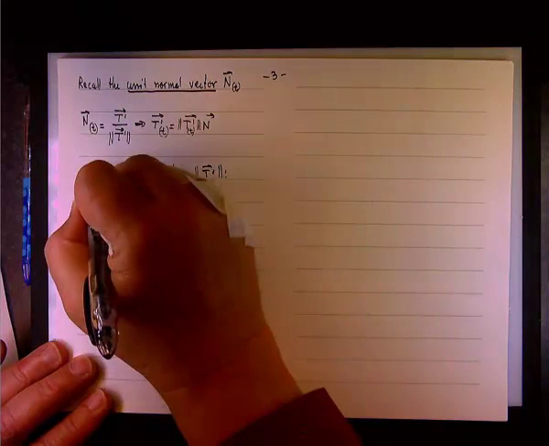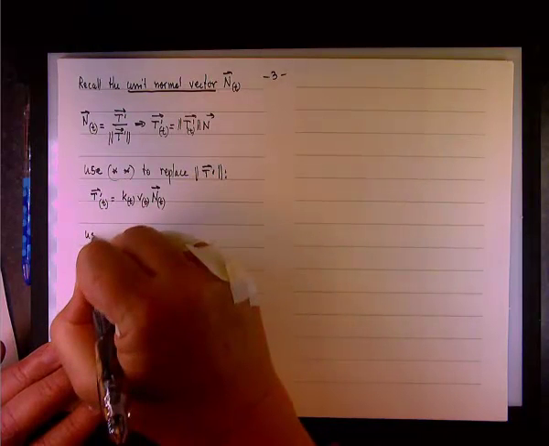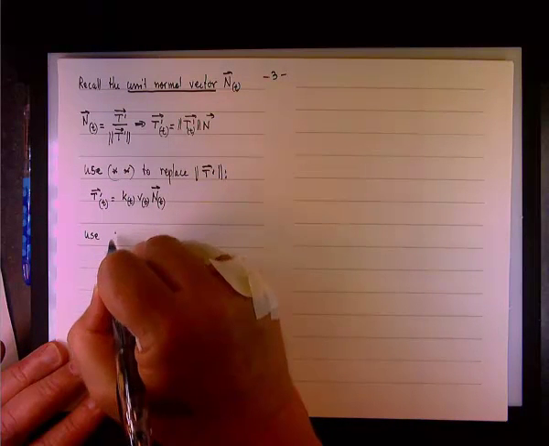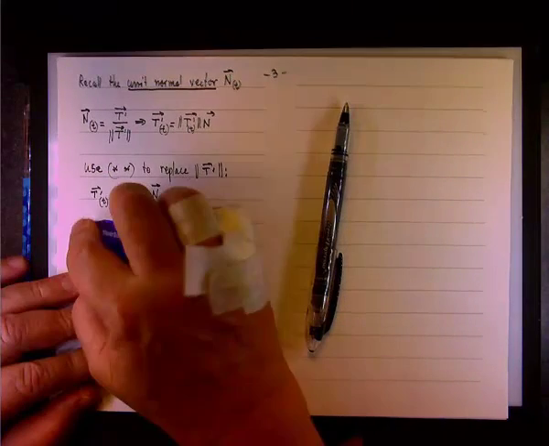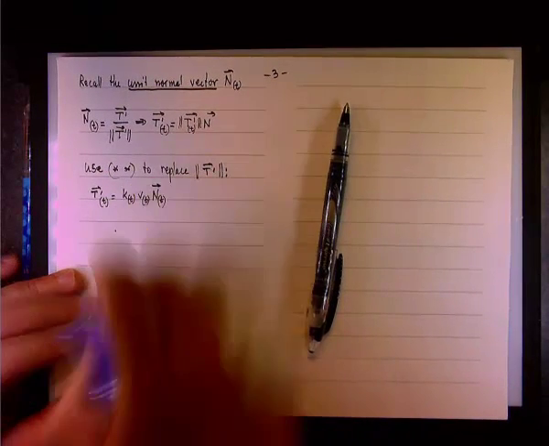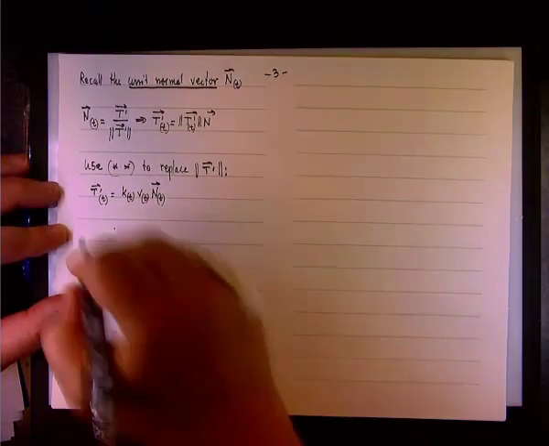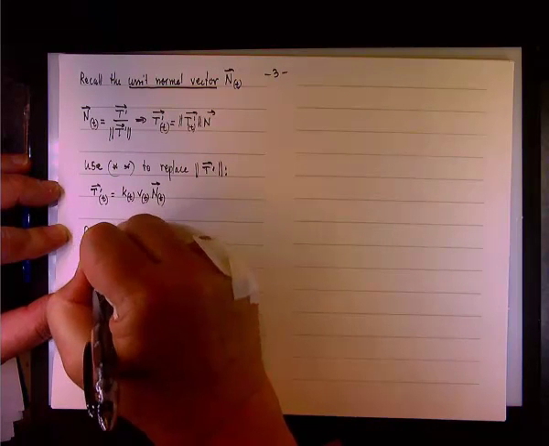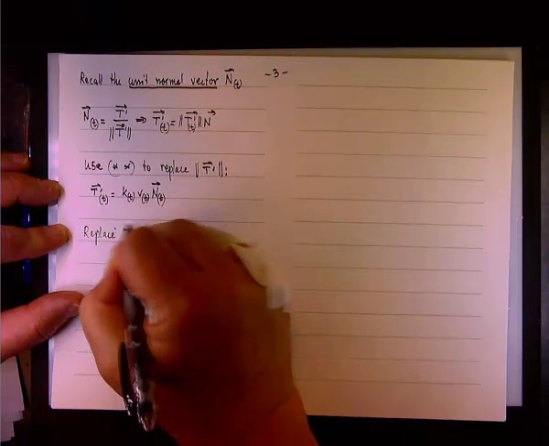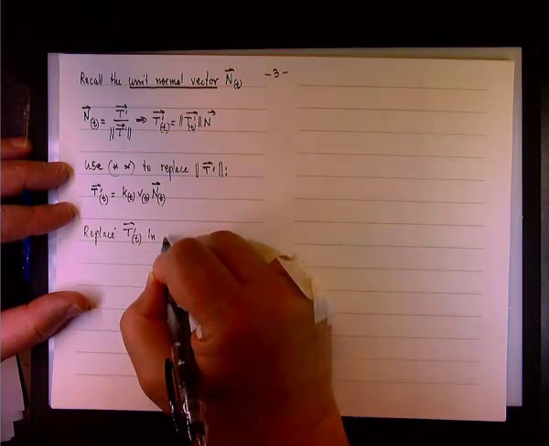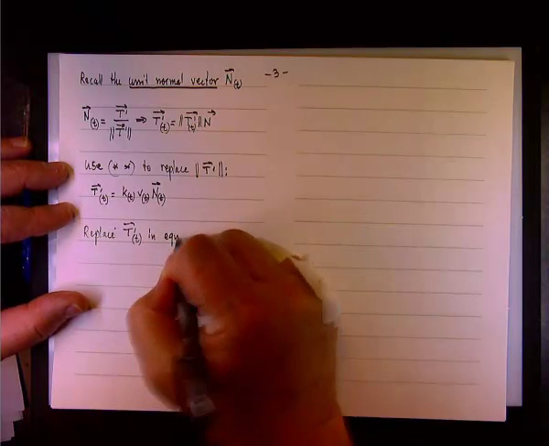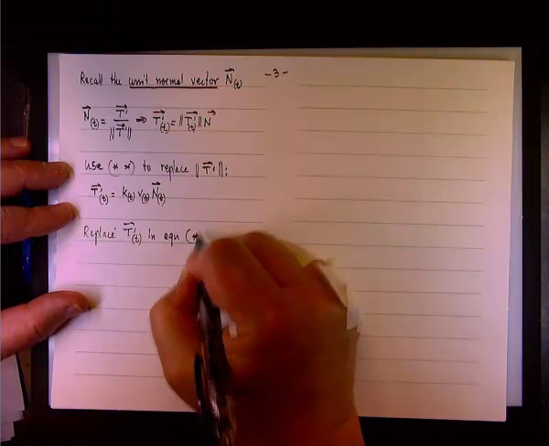That will be replaced by kv, remember? So we have now the vector t prime of t. Instead of the magnitude of t prime, we have k of t times v of t times the normal vector of t, like so, right?